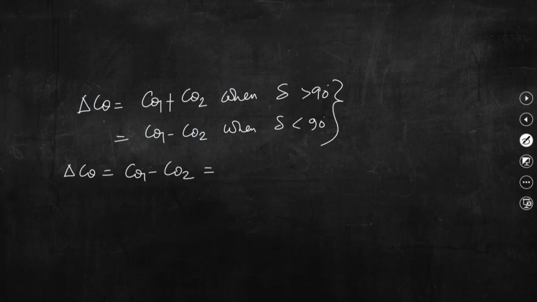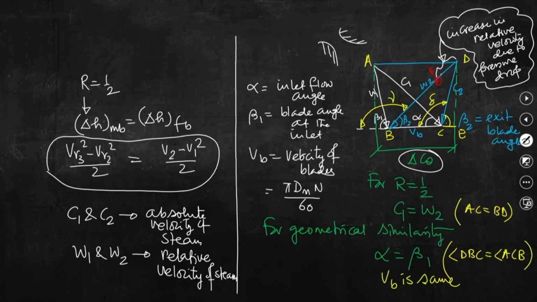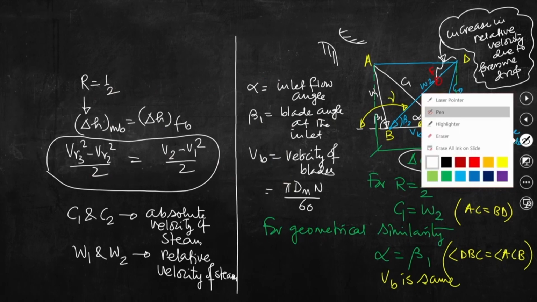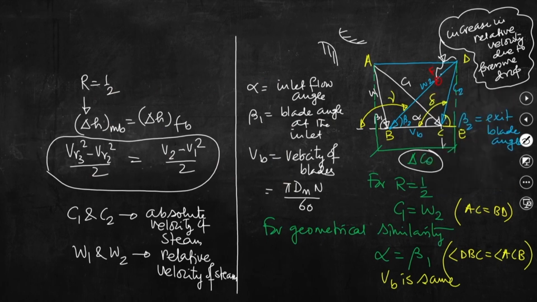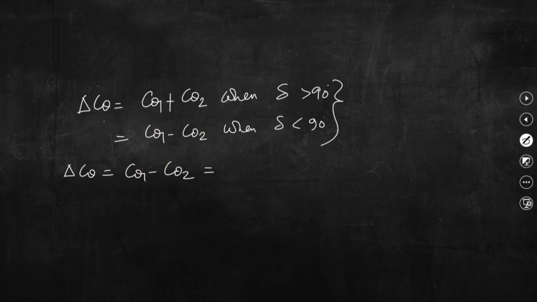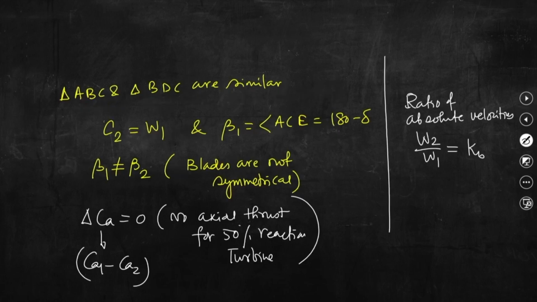So, we can predict what would be C theta 1. Say this is C theta 1 and this is C theta 2, right. So, C theta 1 is C 1 cos alpha, minus C theta 2.